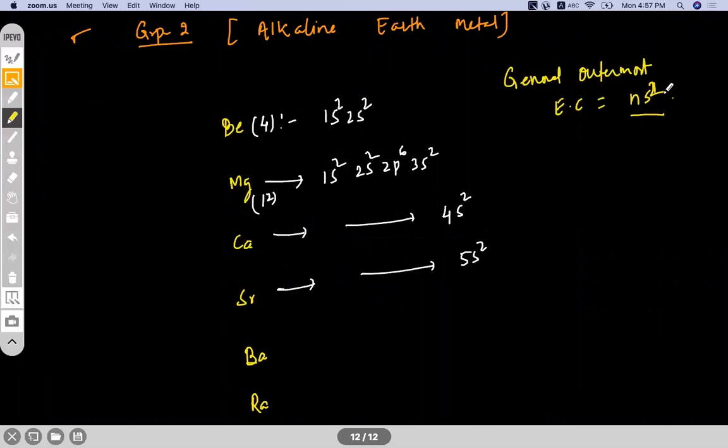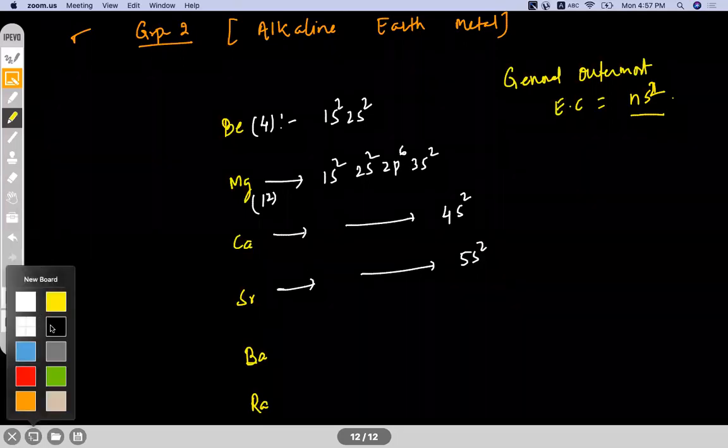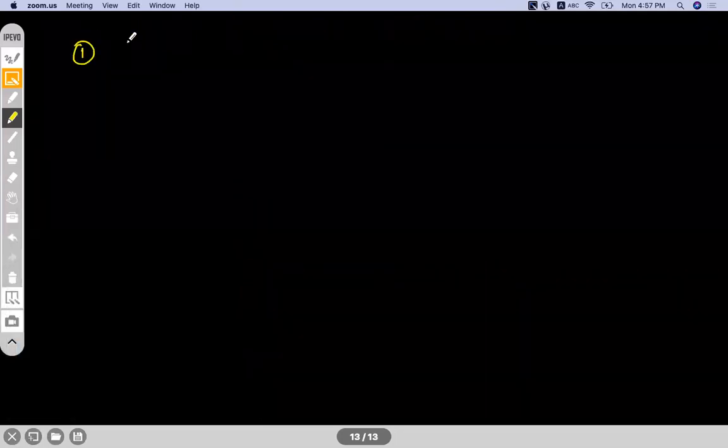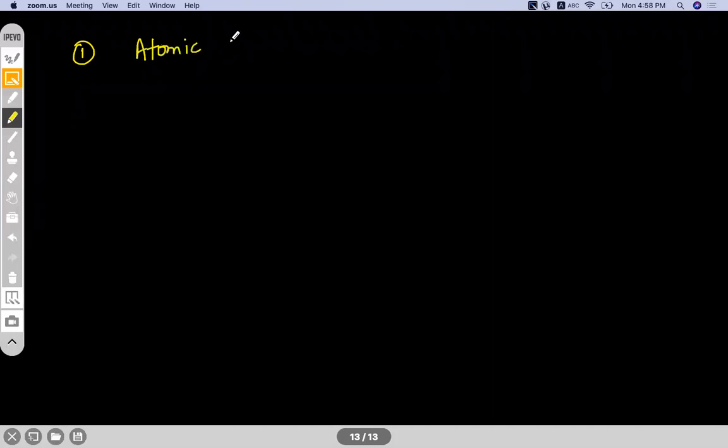Okay. If you talk about some general properties, like atomic and ionic radius, in short I'll write down, because we have discussed these things in group 1. So atomic radius and ionic radius.